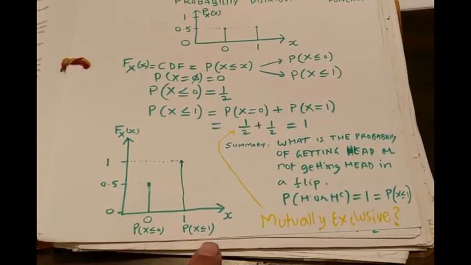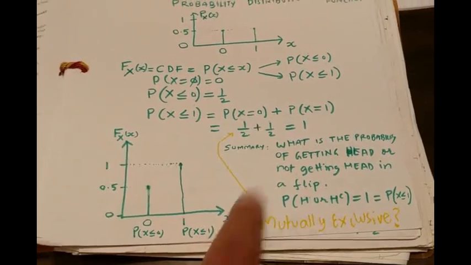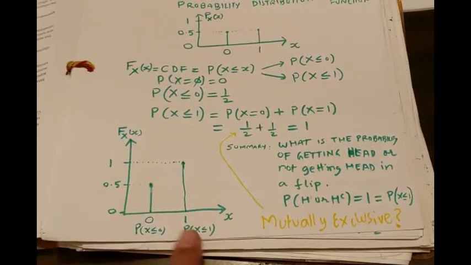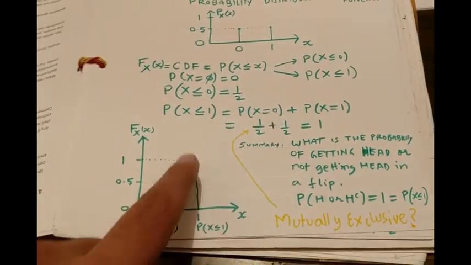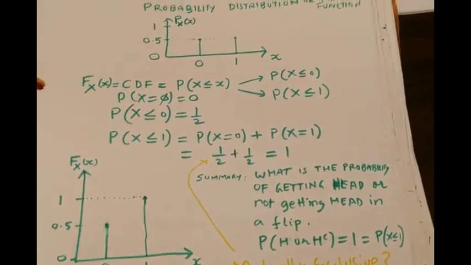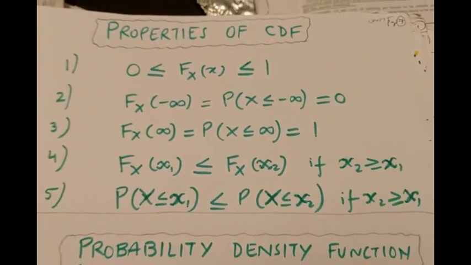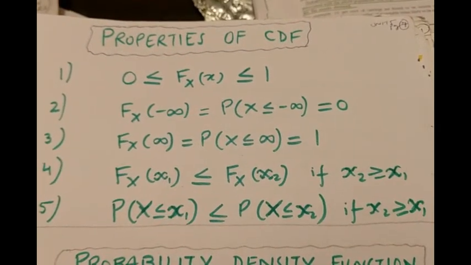And the probability of having a value heads or tails, less than or equal to 1, is the sum of both, which is 1. So this is the cumulative distribution graph. It is always increasing. Now we'll see how these properties of the cumulative distribution function are evident from our example.